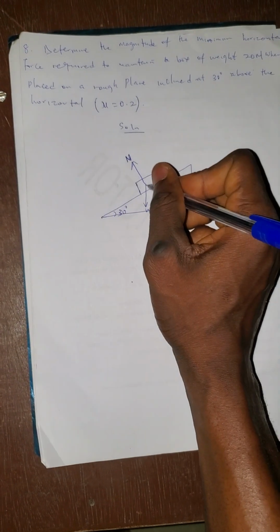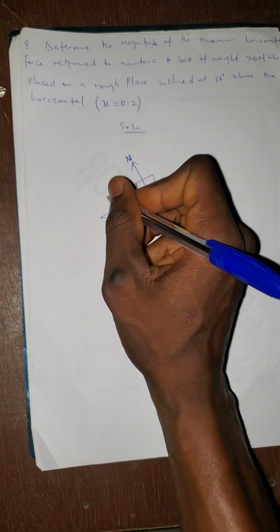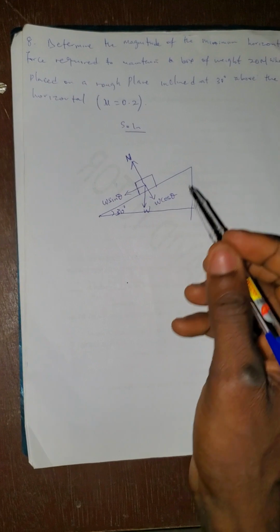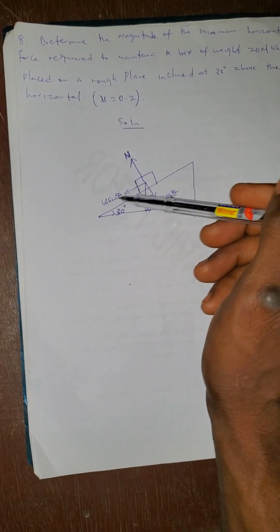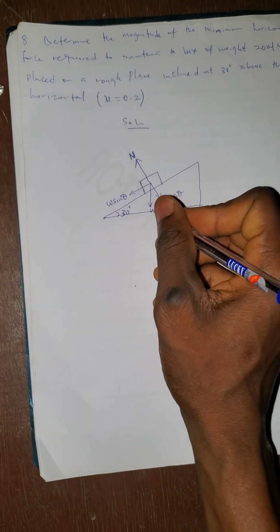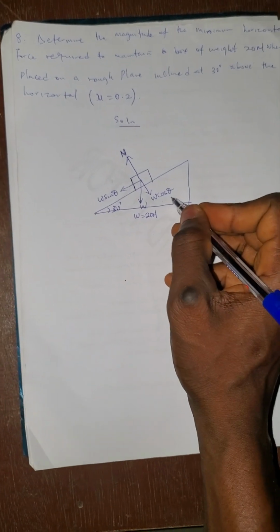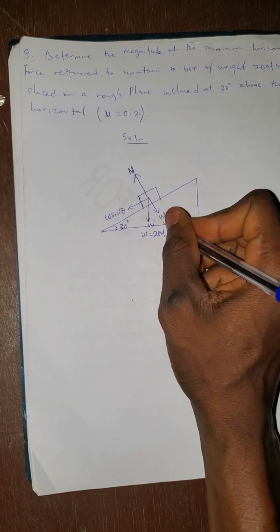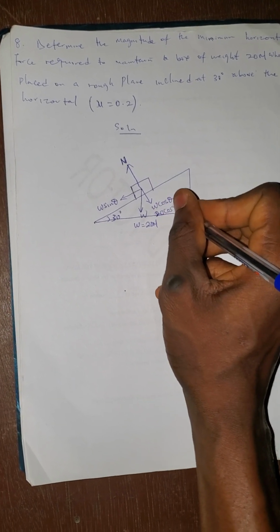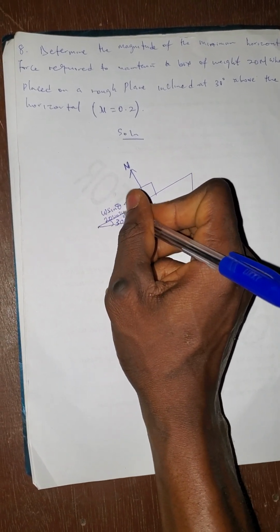Now once you have your 30 degrees, we have to resolve this weight into W cos theta and W sin theta. Since the box has a weight of 20 Newton, W is 20 Newton. So this way will be 20 cos 30, and this way will be 20 sin 30.